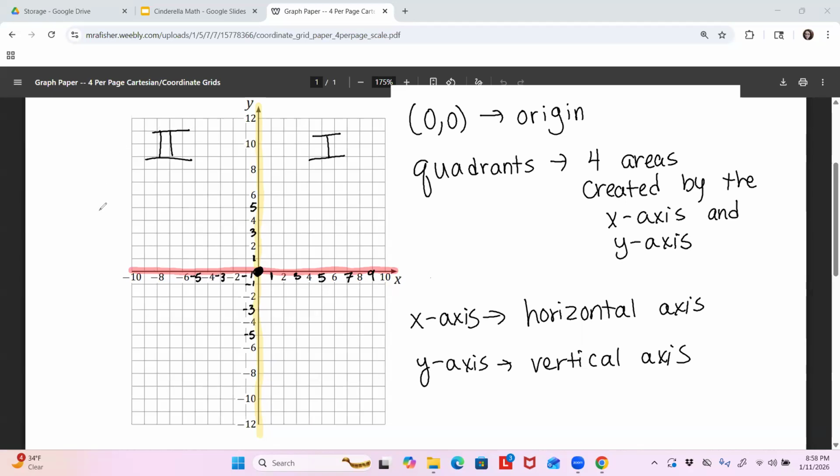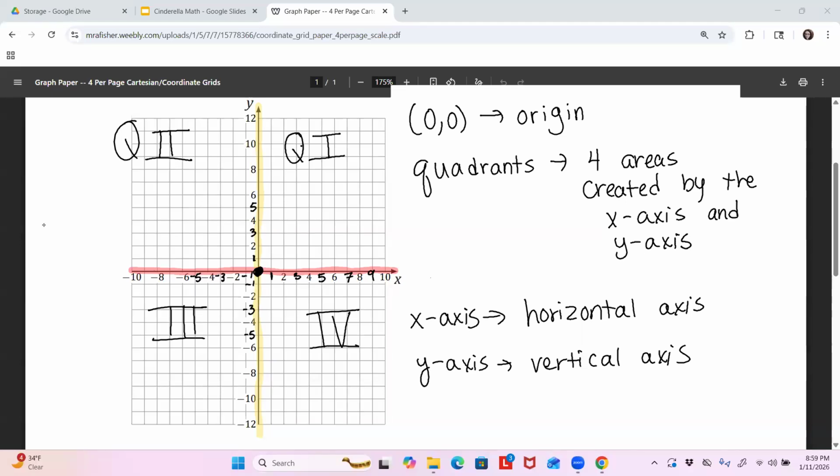Down, still in that counterclockwise motion, the bottom left is quadrant 3. And finally, the bottom right is quadrant 4. 4 in Roman numerals is IV. Sometimes we'll put a capital Q, like Q1, Q2. Some people do, some people don't. It just depends.